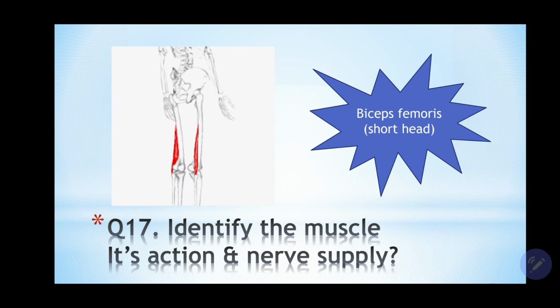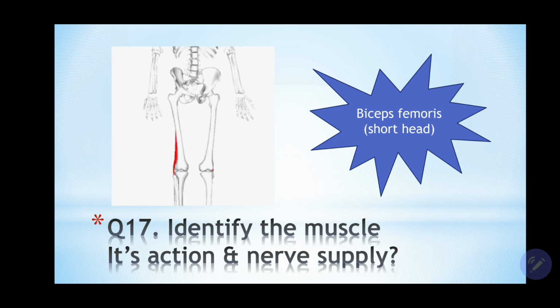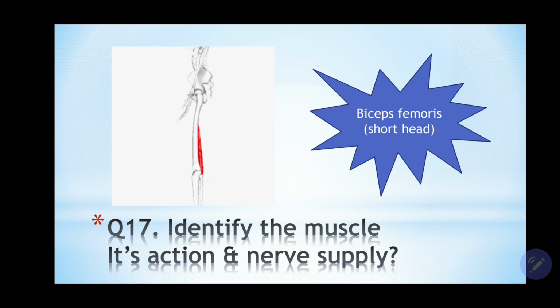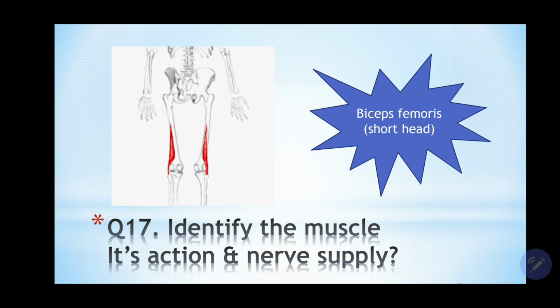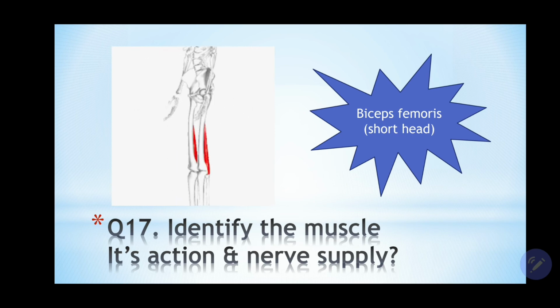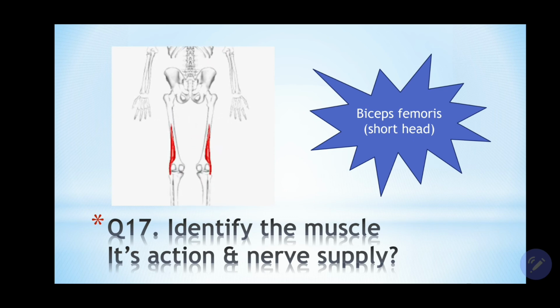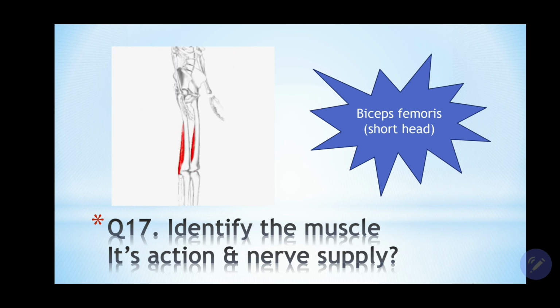Okay, so it's not fulfilling this criteria of origin, and although it fulfills the criteria of insertion, the nerve supply is also not the same as for hamstring, and action of course is also incomplete because it has no action on the hip joint, it only flexes the knee.